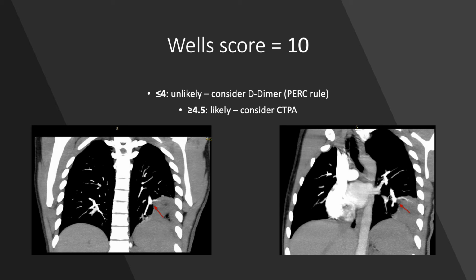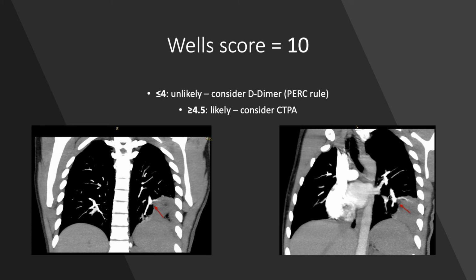And if your Wells score is less than or equal to 4, a PE is considered unlikely, so you'd consider doing a D-dimer to rule out a PE if it was negative. And if it was positive, you'd have to consider further investigations, because D-dimer won't necessarily be raised from the PE.